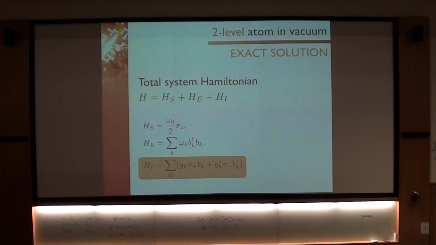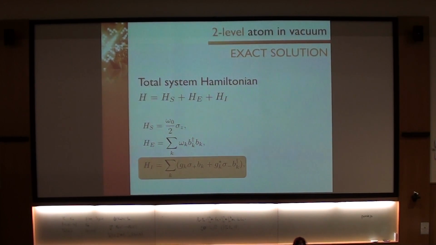And the type of interaction between system and environment is of the following form, where sigma plus and sigma minus are the inversion operators. So what happens here physically is that the atom can absorb one quantum, one excitation from the field, and this excitation is lost by the field in one of the modes indicated by k, and the opposite process.